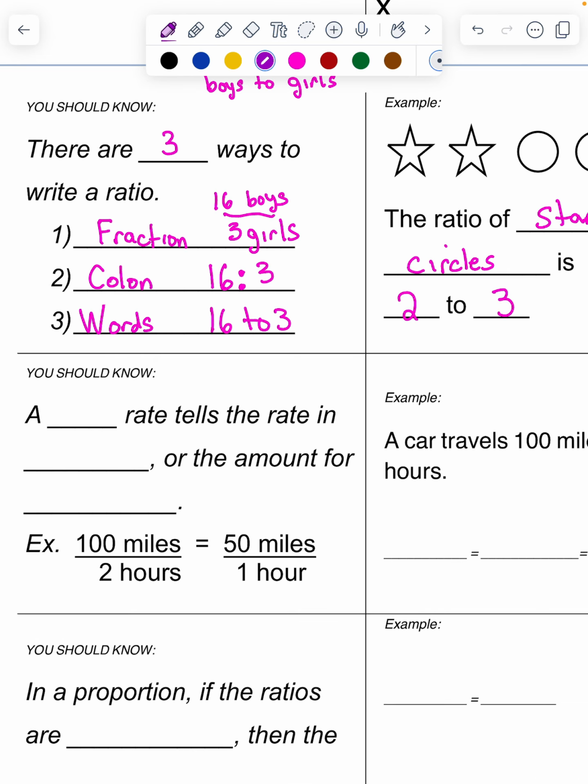A unit rate, and put a star on this because you're going to have to do unit rates all this unit.